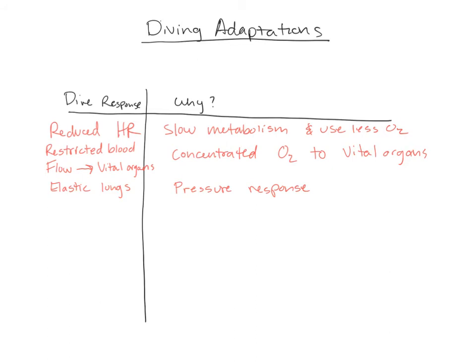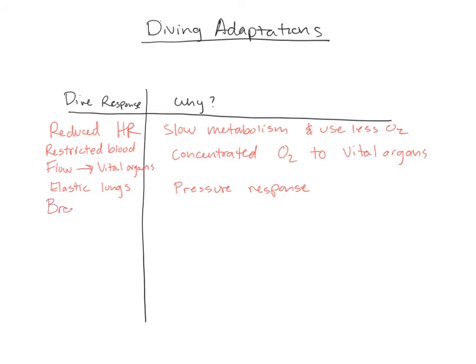Then when you go back up into a lesser pressure state, that gas will come out of your blood, and that can cause a lot of problems, which is called the bends. So if you can restrict your lungs so they aren't putting more air into your blood, then you won't have that problem.